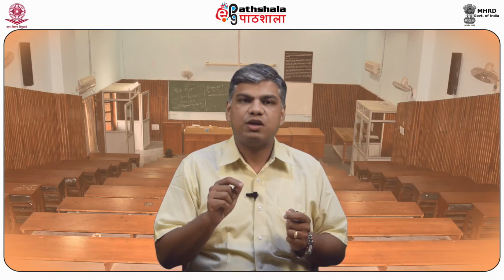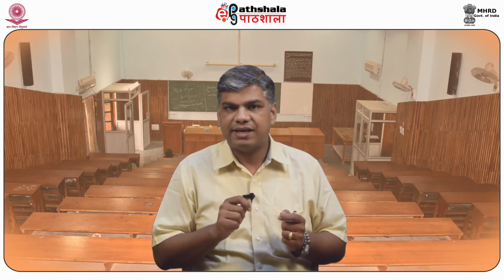So let us first of all state what the uncertainty principle says. Statement of principle. In simple terms, it says that if the x-coordinate of the position of a quantum mechanical particle is known to an accuracy delta x, where delta x is the uncertainty in the determination of the position, then the x component of the corresponding momentum variable cannot be determined to an accuracy better than delta px approximately equal to h by delta x.